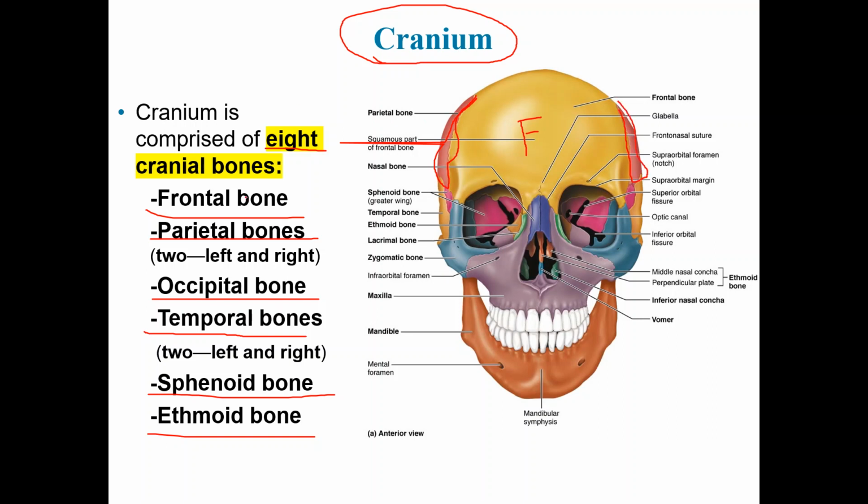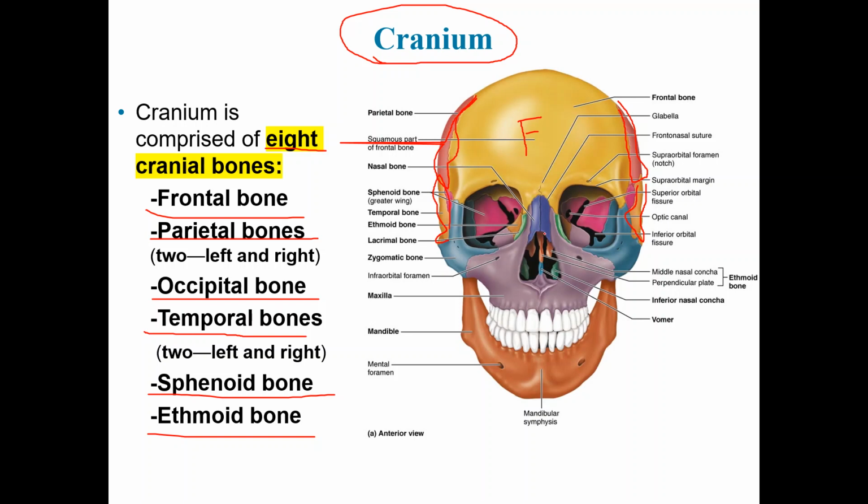left and right. And then the occipital bone, you cannot see it from an anterior view. We're going to see it from a posterior view just in a minute. Then you have the temporal bones. You can see some of the surface of temporal bones here in this frontal view.